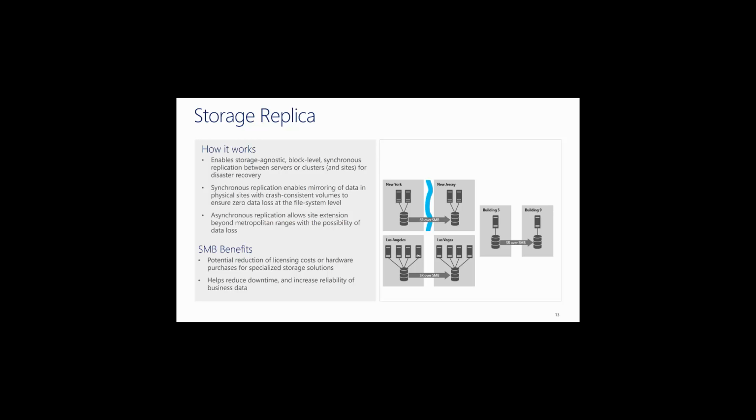So in this case, what we're doing is asynchronous replication. This means it's not waiting for the write on both sides before it proceeds, so there is a little bit of latency that's allowed. Las Vegas in this case would be a close copy, but it may not be millisecond accurate like we'd be seeing over on the New Jersey side.